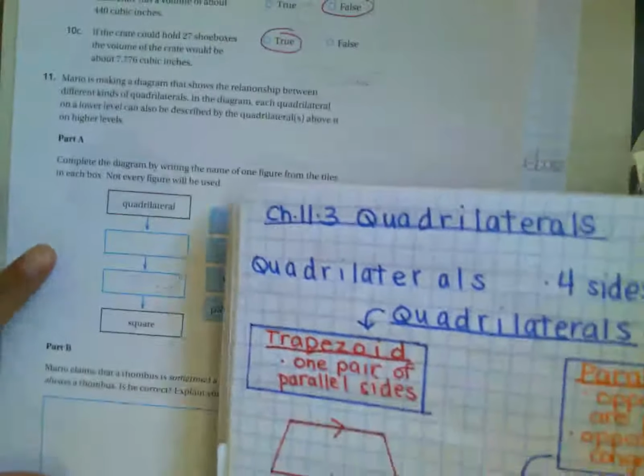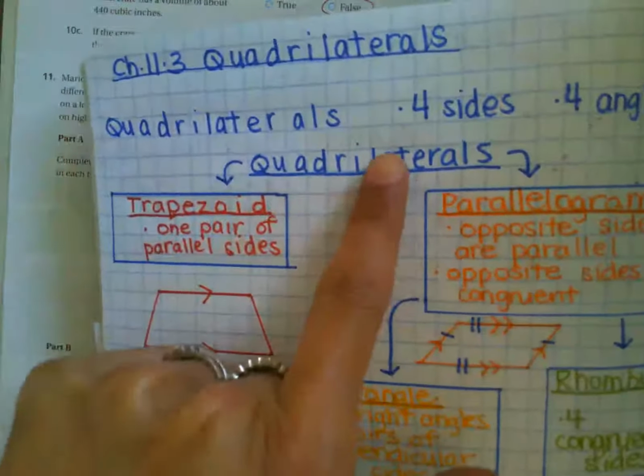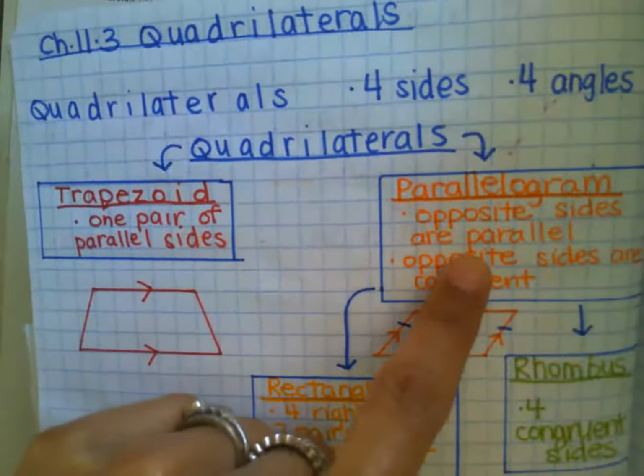So if we look here, we have quadrilaterals, and then from quadrilaterals we go to parallelogram. Triangle won't work.